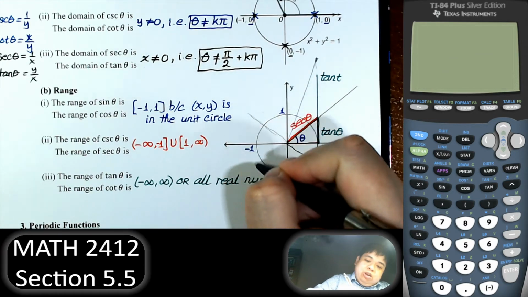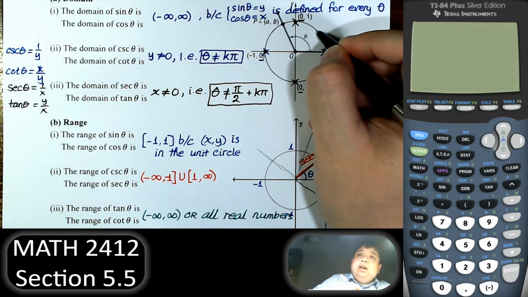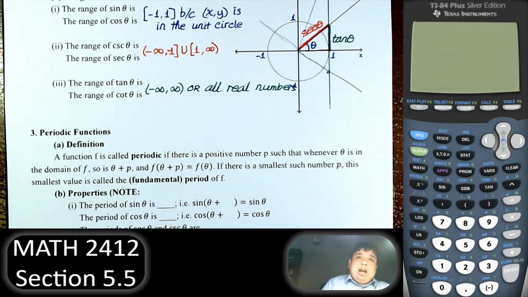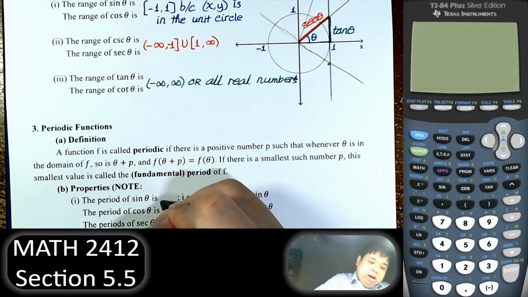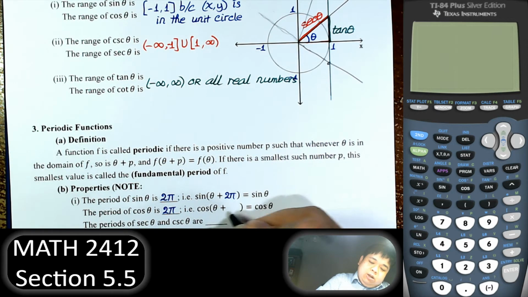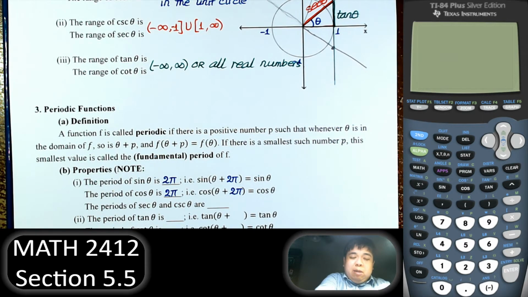Now, if we just go around the circle and get back to the same point, x and y will be the same. Therefore, the sine and cosine will be the same if we go one complete revolution all around. So the period of sine and cosine is 2 pi, because sine theta plus 2 pi is equal to sine theta, and cosine theta plus 2 pi is cosine of theta.